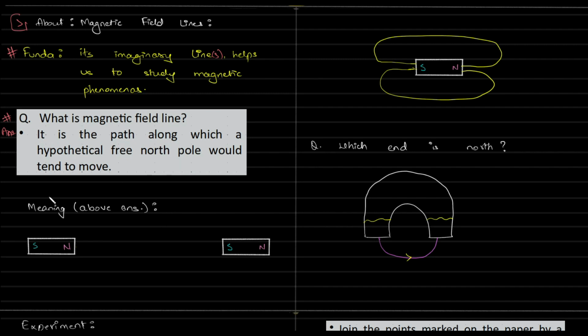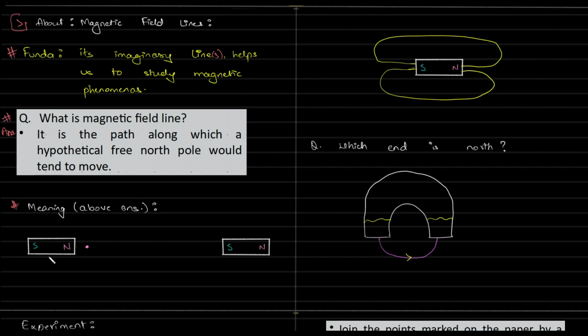So what this statement means is simple. If I have a north and south, some magnet kept in this way, say I keep the imaginary north pole over here, a monopole, only north pole. What happens? Well, if you have a north in front of a north, what will happen?